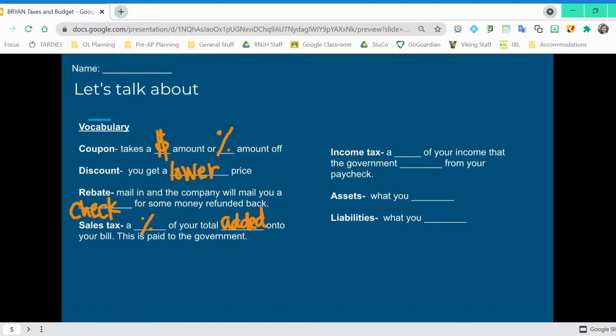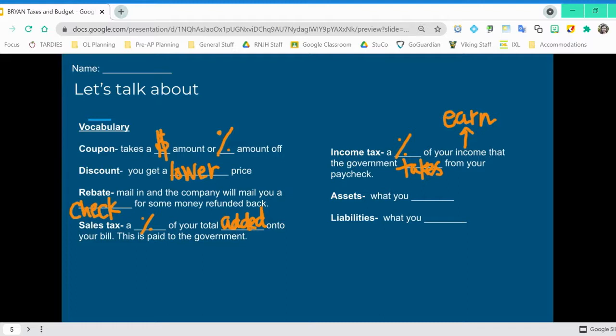Income tax. Income tax is a percentage of your income. Income is what you earn. So my income is my paycheck. It's what comes into my bank account that the government takes or subtracts from your paycheck. So income taxes are going to come out of my paycheck by being subtracted.